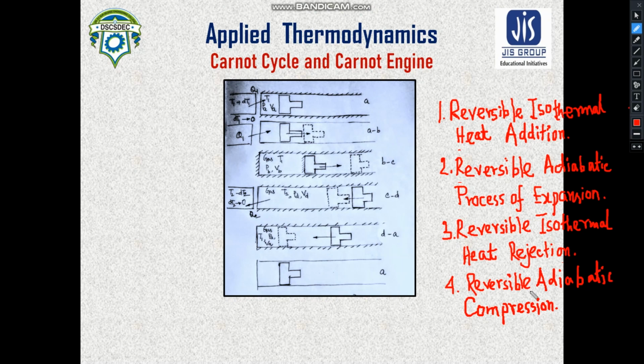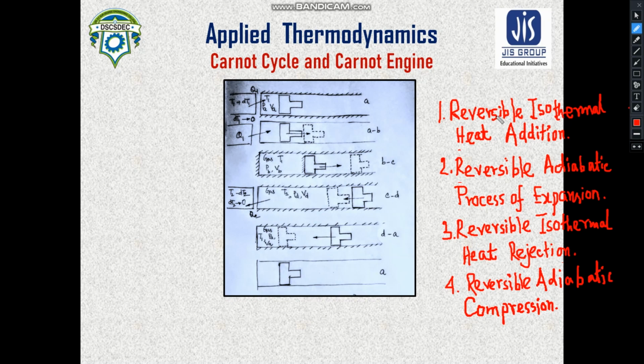So pardon my handwriting. The first process is the reversible isothermal heat addition. This is a very important concept which you must understand. Here the process is isothermal, that means temperature remains constant, but still heat addition is taking place.